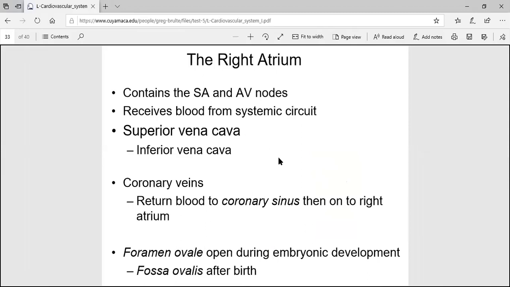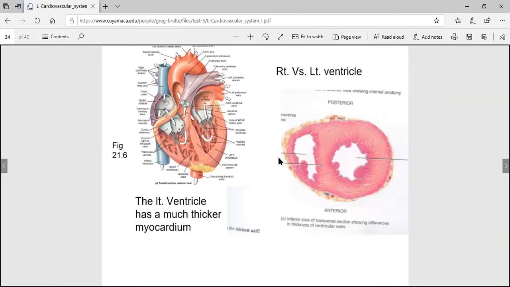Then you've got coronary arteries and veins that are on or in the heart itself. And don't worry about the foramen ovale. We'll get to that later. But let's just learn some parts. This is a valve in between the atrium and the ventricle on the right side, so I would call it a right AV valve. This is a valve in between the atrium and the ventricle on the left side, so it's called the left AV valve.